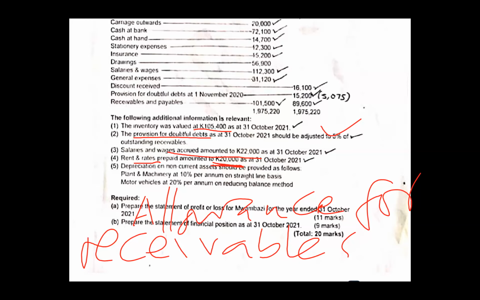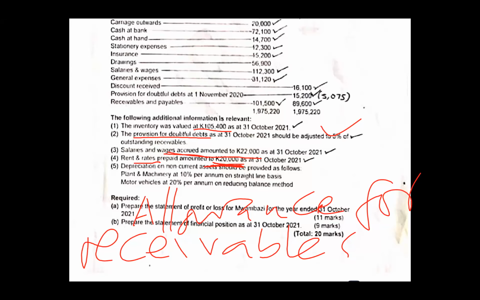For example, this prepayment of rent and rates, you subtract this 20,000 from the value of rent and rates. So accrued expenses should be added to the expenses, then the prepaid expenses or prepayments should be subtracted.